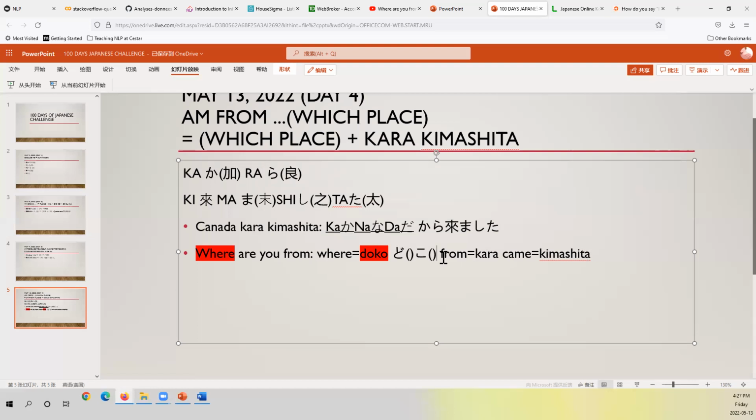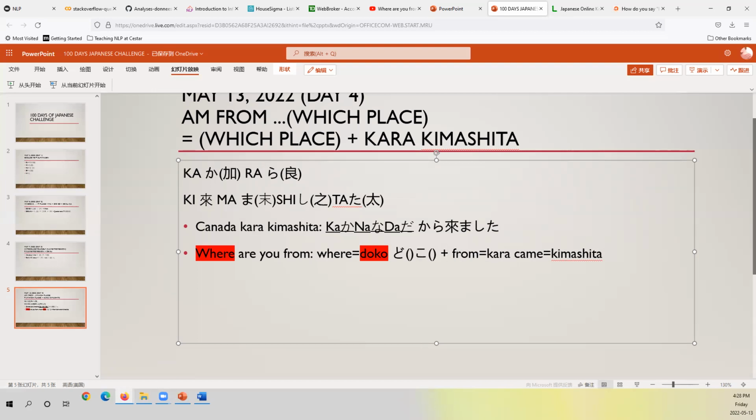Kara is from, so the grammar is actually a little bit reversed. Doko, where, from, come. So doko kara kimashita. Kara kimashita is always a phrase, and then you just need to add where in front of it. So it's doko kara kimashita.